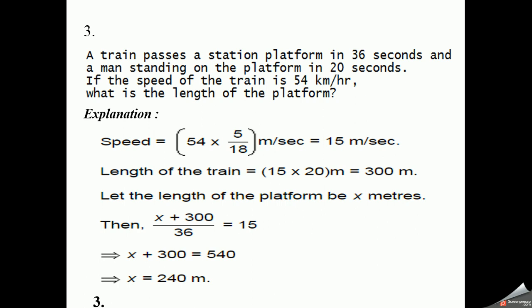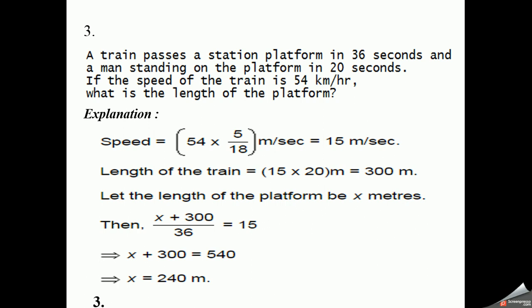It takes 20 seconds to cross the man standing on the platform, and that's why we calculate the length of the train as 50 multiplied by 20, which equals 300 meter.